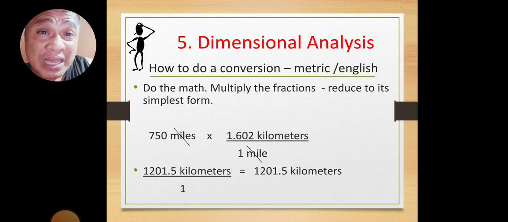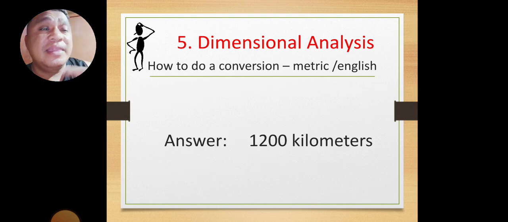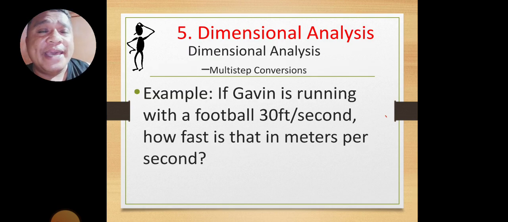In algebra application, we have to apply that here, even trigonometry and calculus in the higher topics. Okay? The answer is 1,200 kilometers. Example again, if Gavin is running with a football at 30 feet per second, how fast is that in meters per second? It is simply operating on that one.